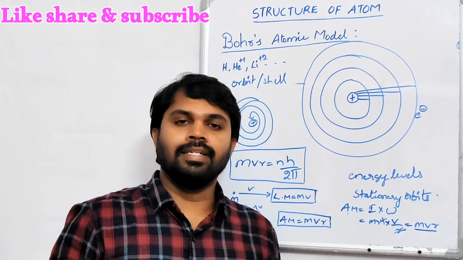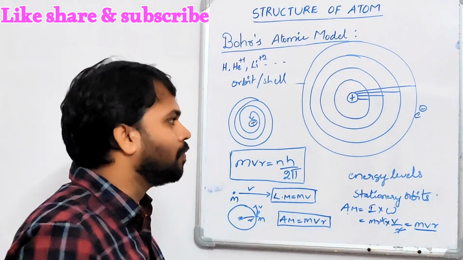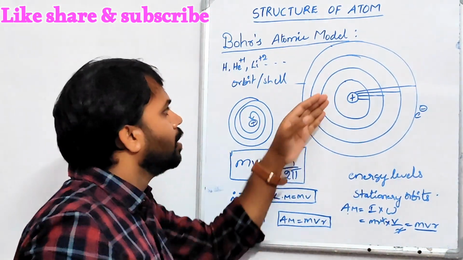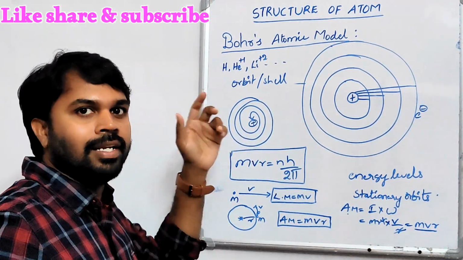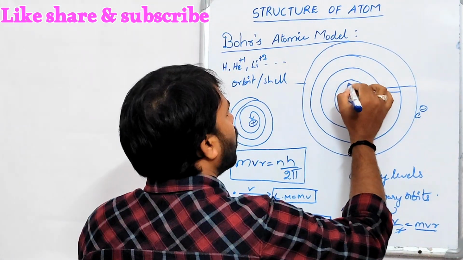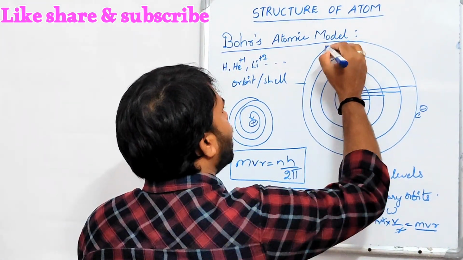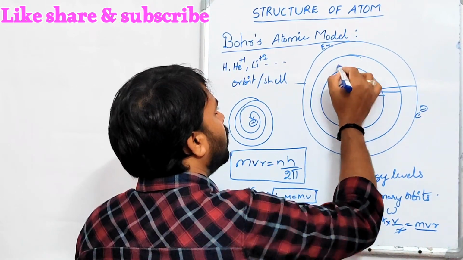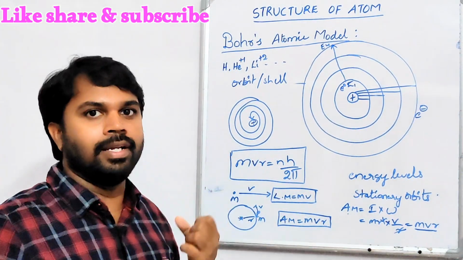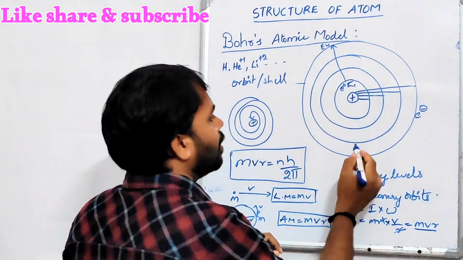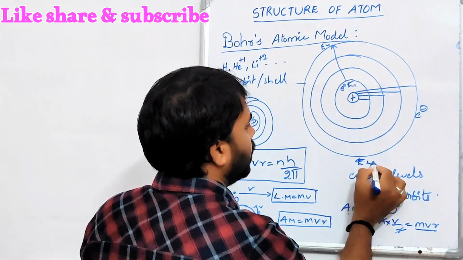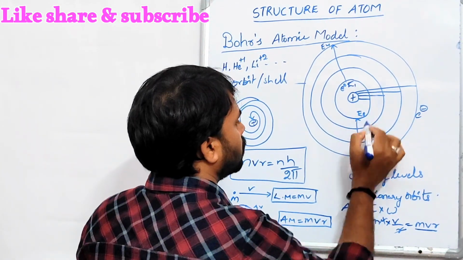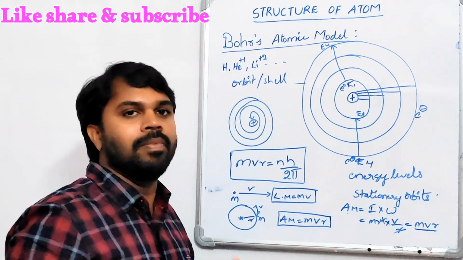The energy of an electron can change only when the electron jumps from a lower orbit to a higher orbit. Which means as the orbit size increases, energy also increases. This is the lower orbit, energy is E1. This is the higher orbit, energy is E4. When the electron jumps from E1 to E4, it absorbs energy. And when the electron jumps from the E4 energy level to the E1 energy level, it emits energy.